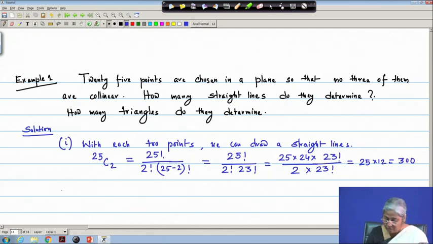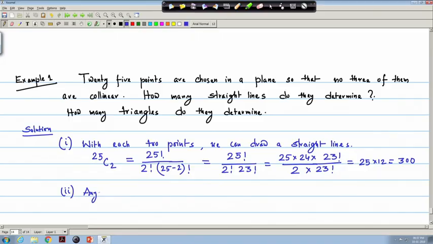Now, how many triangles can we get? Since no 3 points are collinear, with any 3 points we can draw a triangle. So, I have 25 points and we have to choose any 3 points.